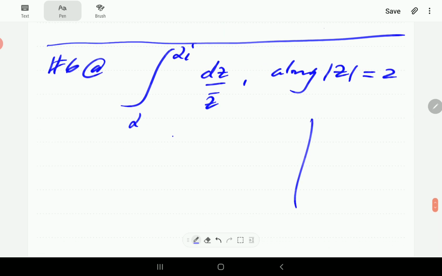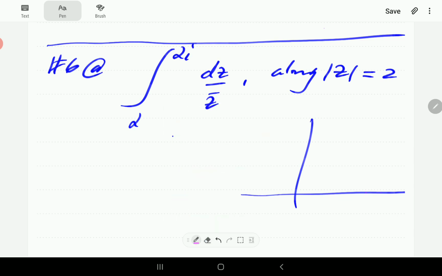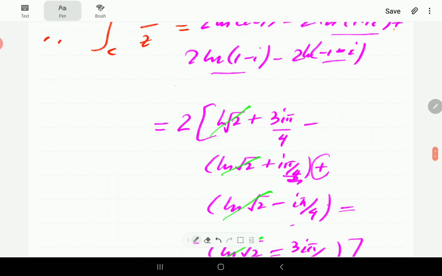So let's just do a sketch here. This is the situation we have. We've got a circle of radius 2. We're integrating from 2 to 2I, and we are going in the counterclockwise direction.